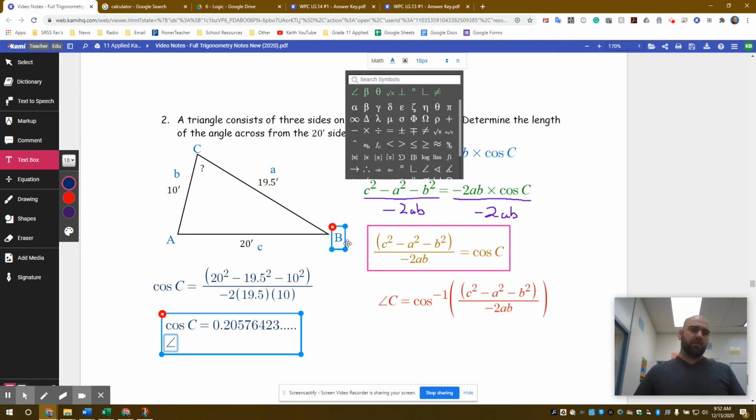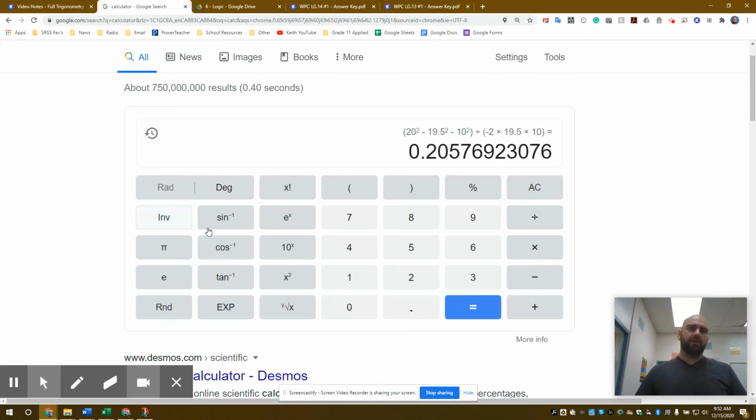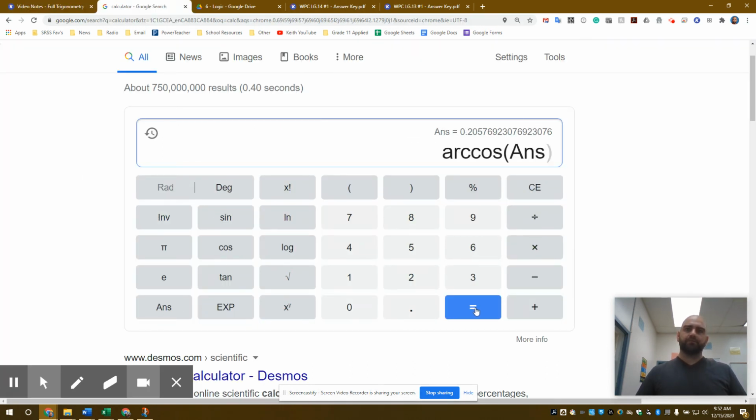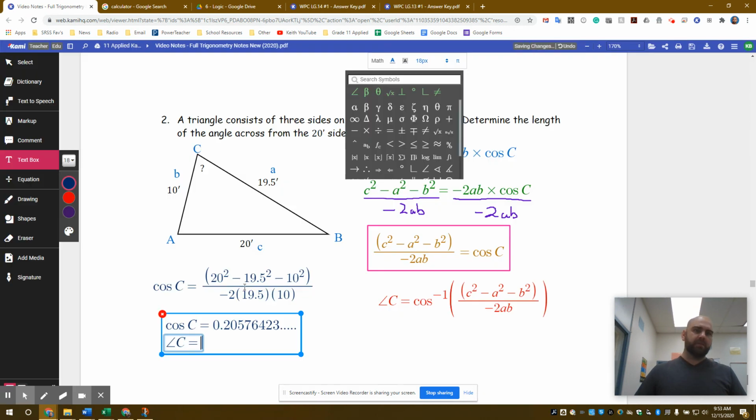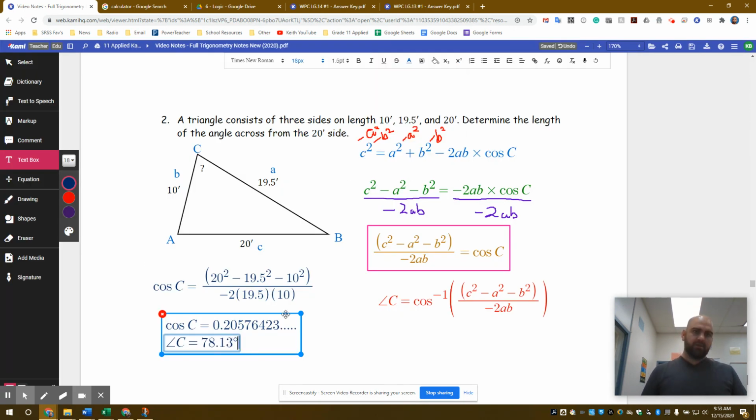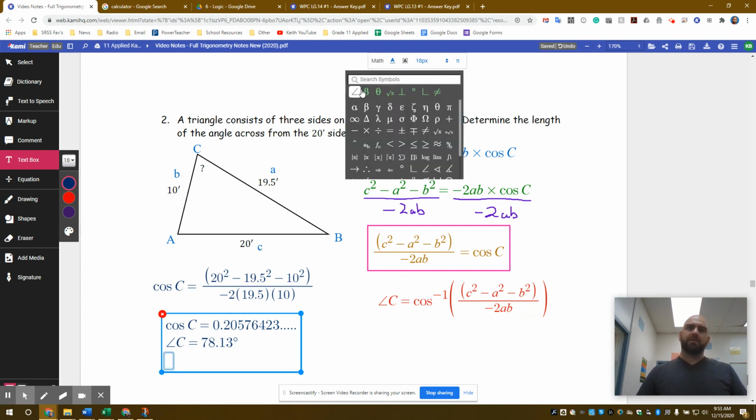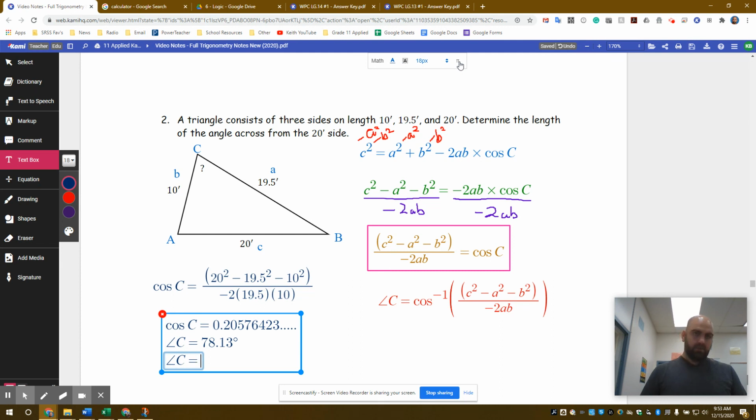And so then we know that angle C is equal to inverse cos of our answer, 78.13 degrees, or angle C is equal to 78 degrees.